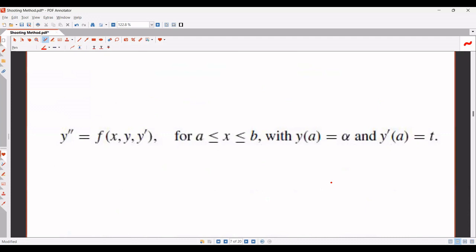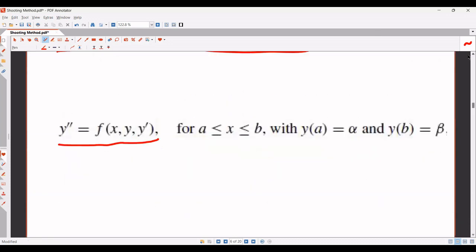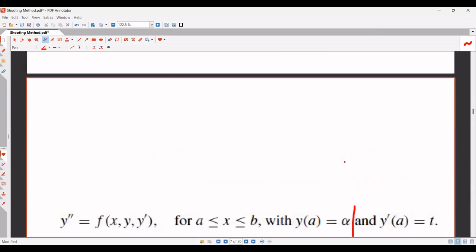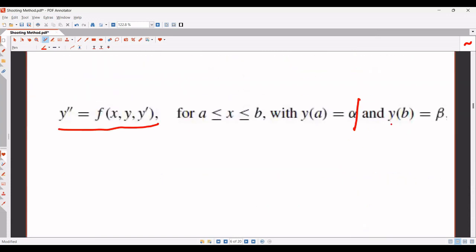Now, what we do in the nonlinear shooting method is similar to the linear shooting method. We are going to solve initial value problems just like in the linear shooting method. You can see the difference: up to this point it is the same, but after that, here we had the value of y given at b.